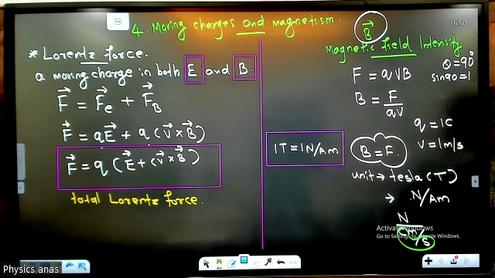B is equal to F. Completed? Then you can write the definition for magnetic field intensity.